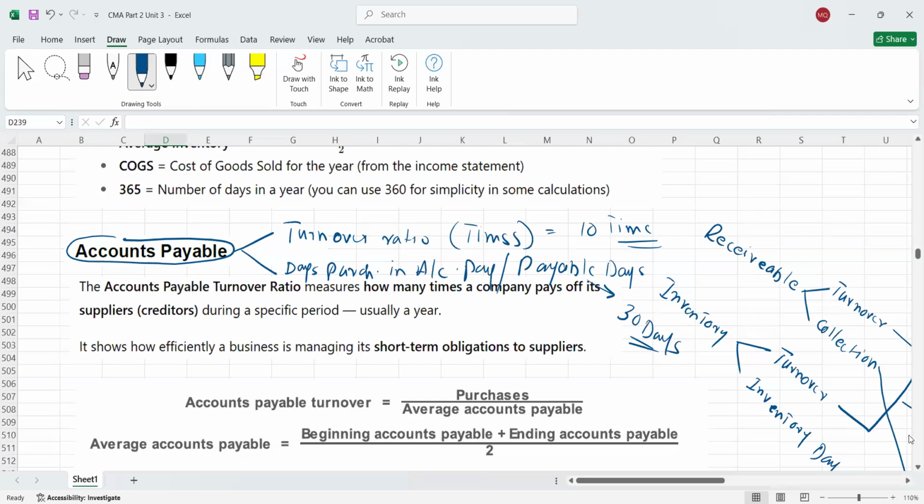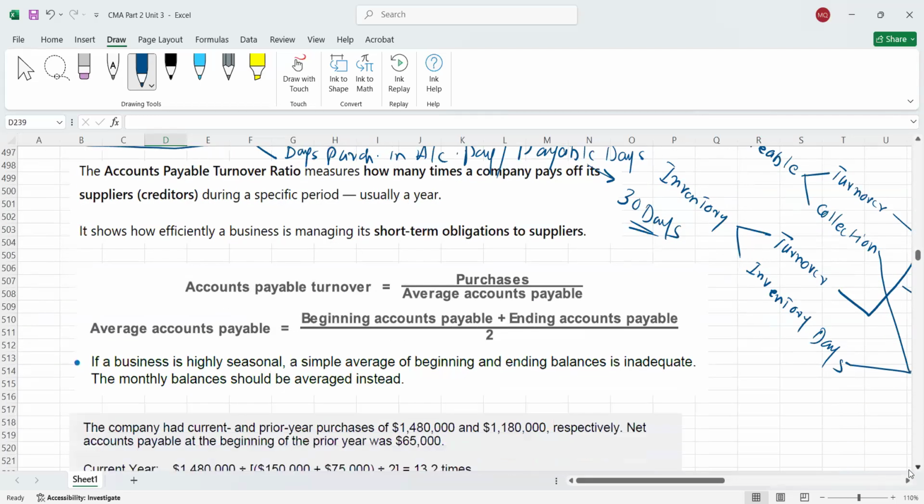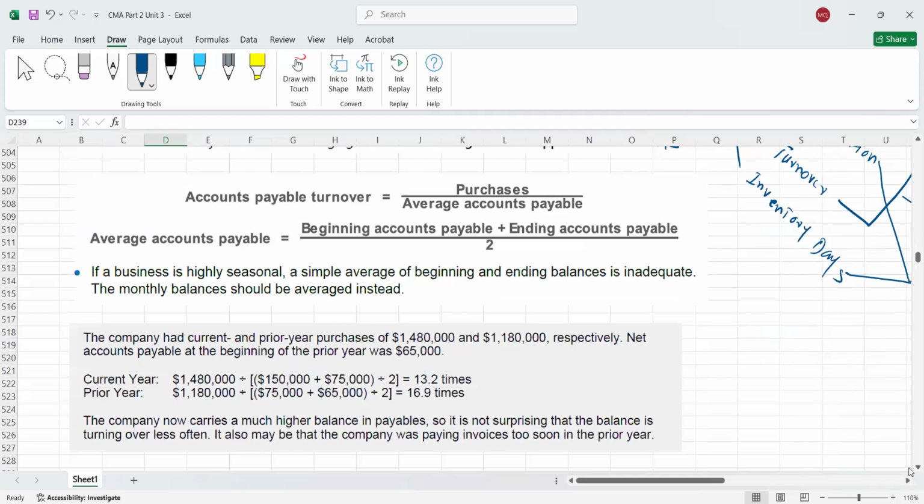Now here we are talking about the formulas. Let's talk about formula, how accounts payable turnover ratio is calculated. So here we go. First thing, you will take purchases, because generally credit purchases, right? Or if you are using purchases, we are assuming it's credit purchases.